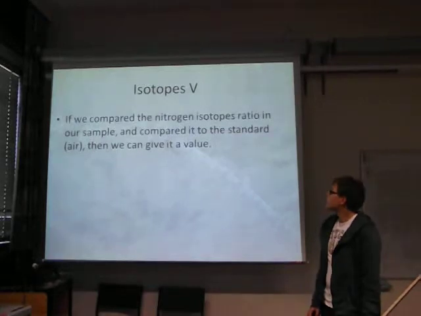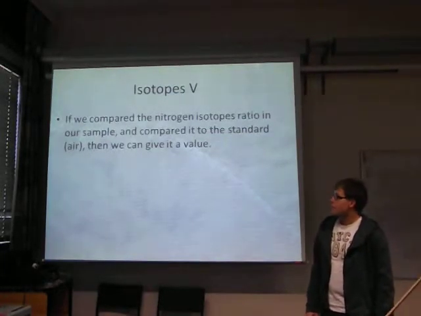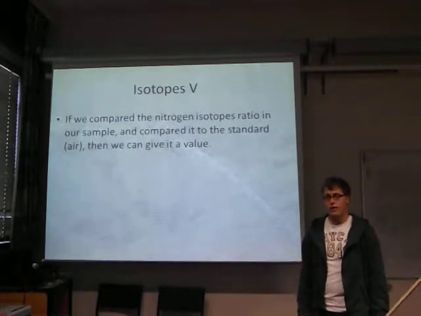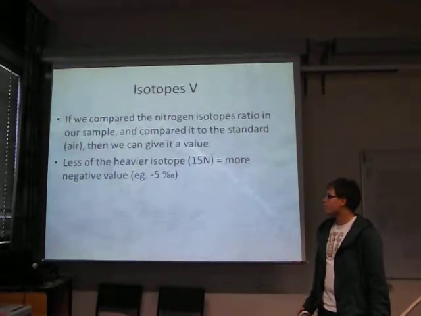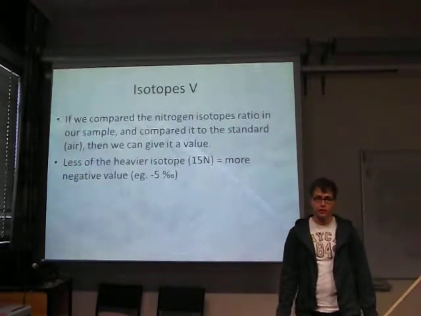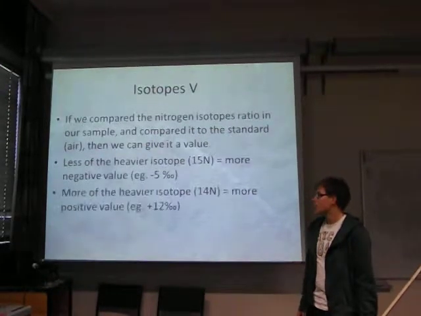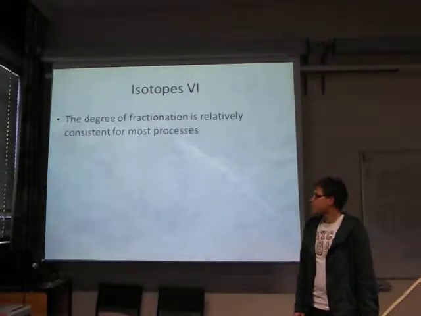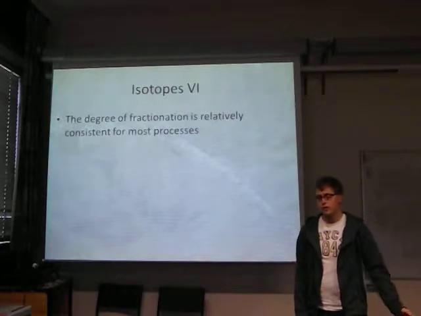And continuing on, if we compare the nitrogen isotopes of our sample to the standard, then we can give it a value in relation to the heavier isotope. Less of the heavier isotope gives it a more negative value, so we'll get isotope values of -15, -10, etc. And more of the heavy isotope means it's a more positive value. And this degree of fractionation, we can track it through different processes.